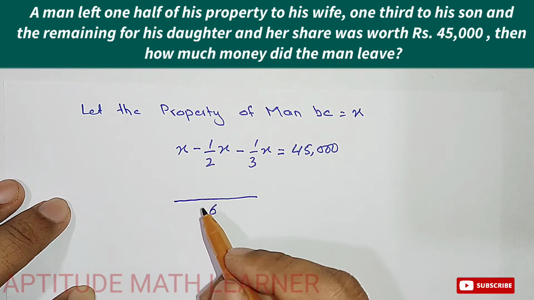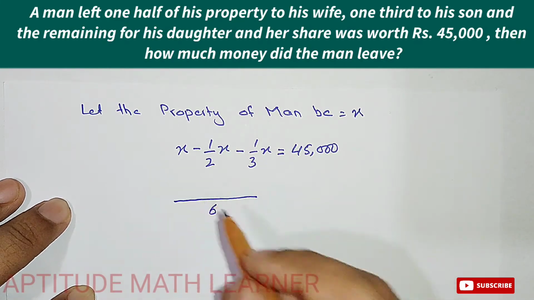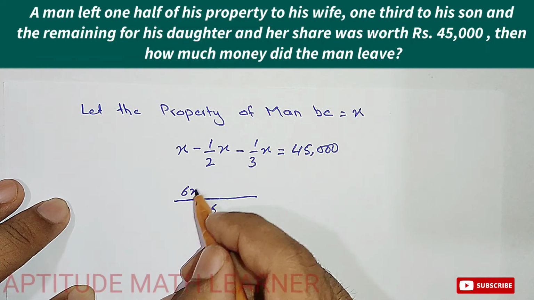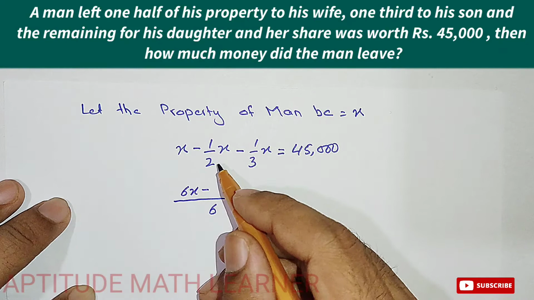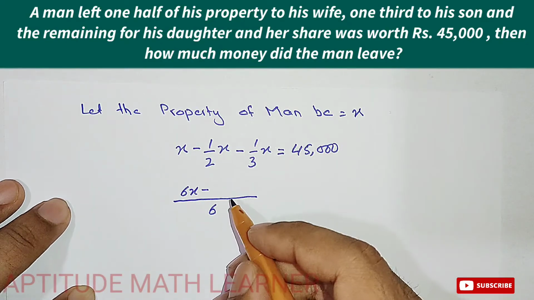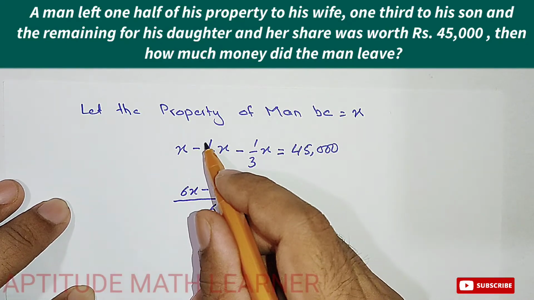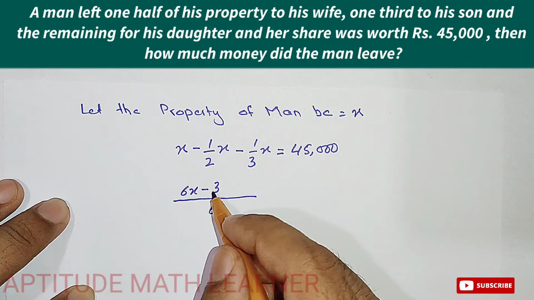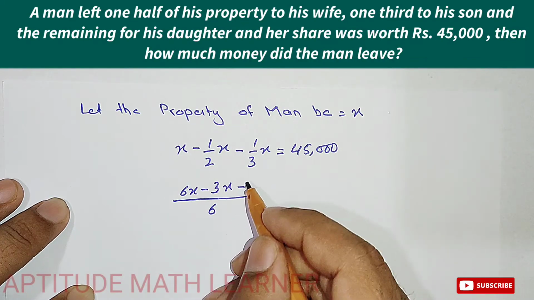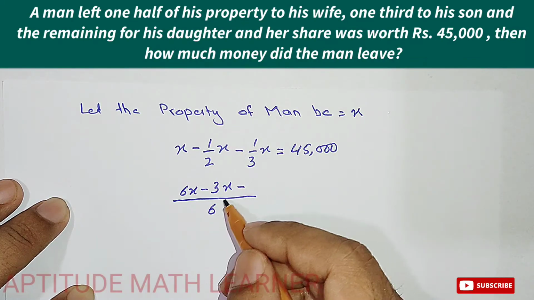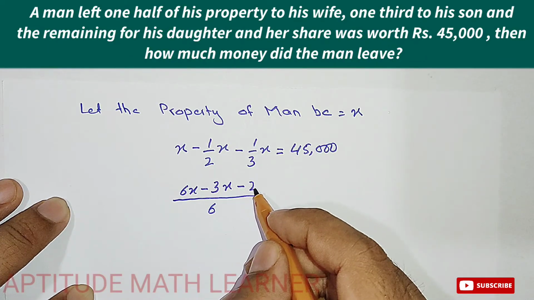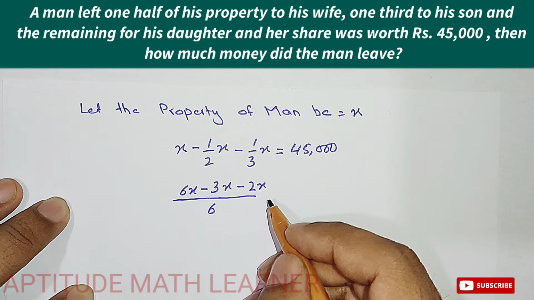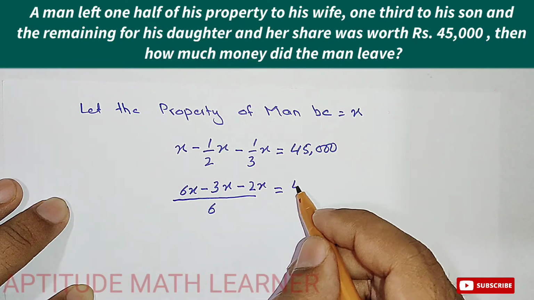So this 6 multiplies x, so this becomes 6x minus, and 6 divided by 2 is 3. So 3 multiplies above, and this becomes 3x minus, and 6 divided by 3 is 2, and this remaining 2 multiplies with the above x.